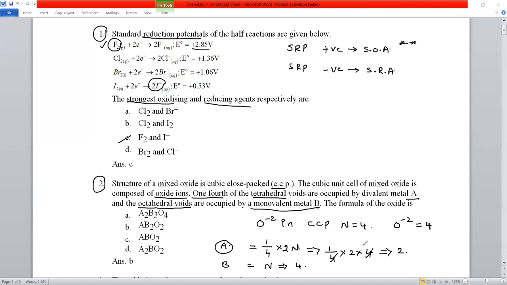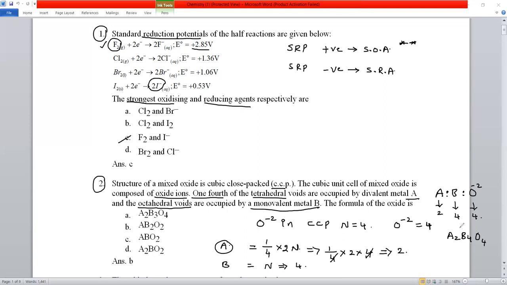So we have A as 2, B as 4 and oxide as 4. So nothing but A2, B4, O4.